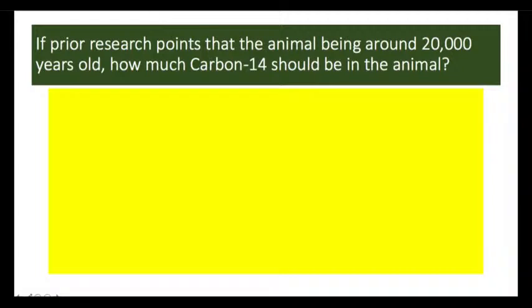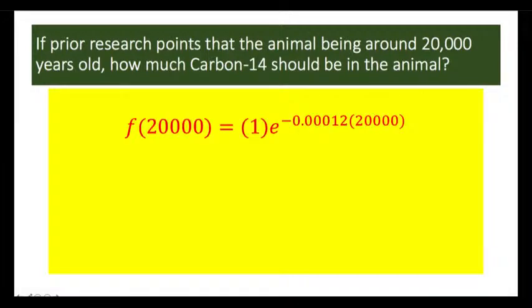Now, the second part of the problem is, if prior research points to the animal being around 20,000 years old, how much carbon-14 should be in the animal? By applying now our model for carbon-14 decay, we have f of 20,000 years equals the initial amount, which is 100% at the start, times e raised to the k value of negative 0.00012 times 20,000 years.